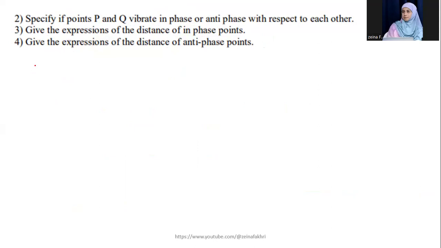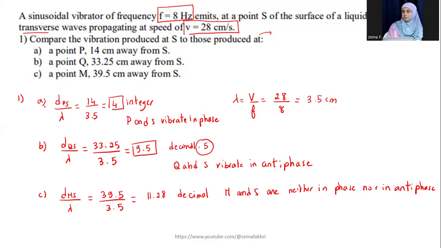Part 2, we have lambda equal 3.5 centimeter. Specify if the points P and Q vibrate in phase or antiphase with respect to each other. Now, if we notice in part 1, P is vibrating in phase with the source, while Q is vibrating in antiphase with the source. So P and Q are vibrating with respect to each other in antiphase.